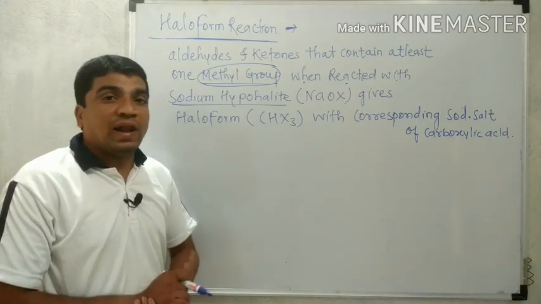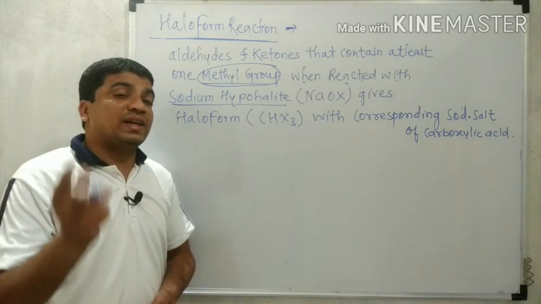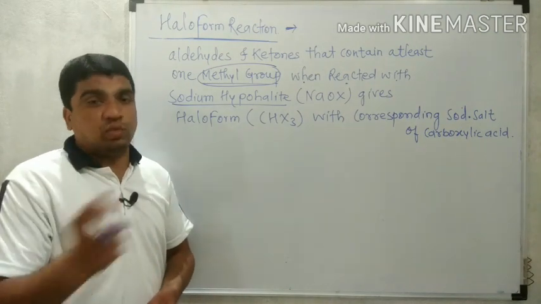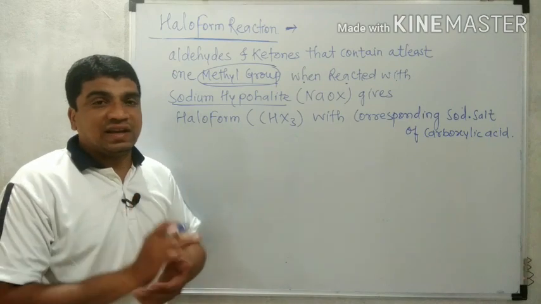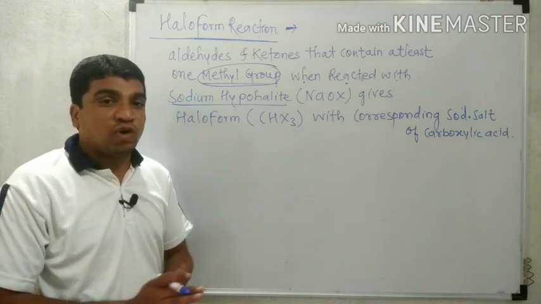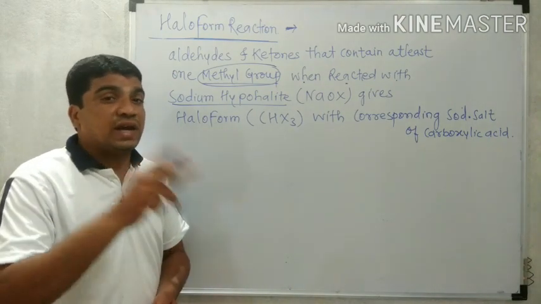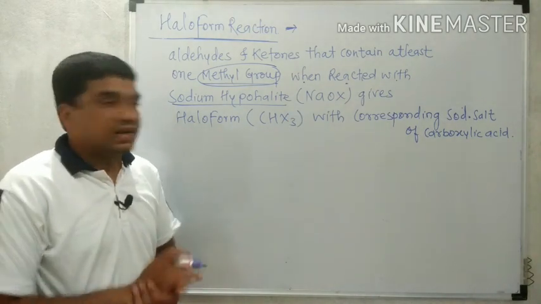The sodium hypohalite is obtained from the reaction of NaOH with halogen. It is not directly taken in the reaction; actually, it is formed in the reaction between NaOH and halogen. We will discuss this in the reaction.